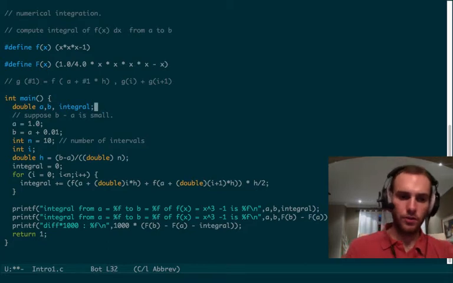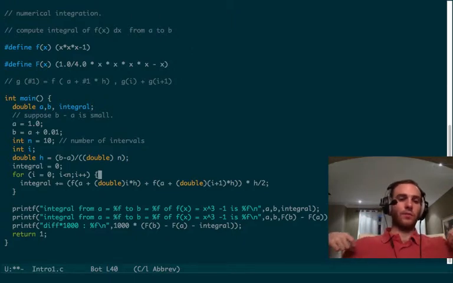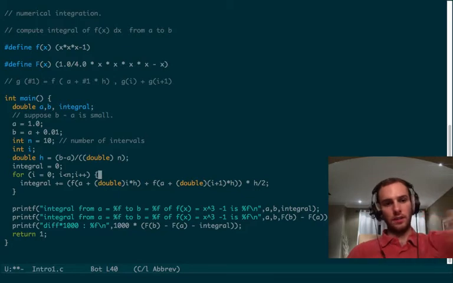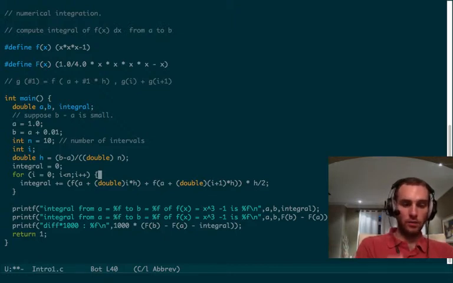But since we're sweeping over i, when i is equal to 0, we have g at 0 and g at 1. But when i is equal to 1, we have g at 1 and g at 2. So we compute g at 1 two times, and we add 1/2 times h the first time and 1/2 times h the second time.